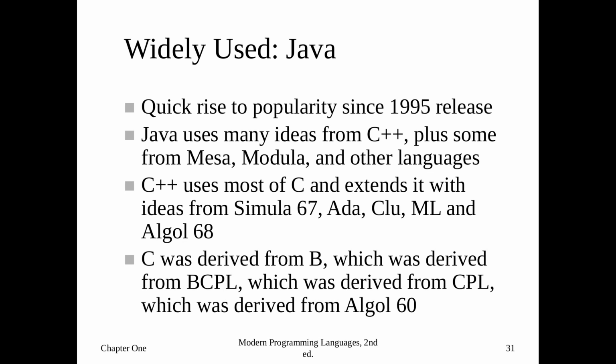It's an improvement upon these, and the Java designers actually stated, we're going to take the best ideas from all these other languages and put them together into a single language, as opposed to trying to create new stuff. Almost all these other languages, C++, Modula, ML, Algol, were all creating new concepts when they were implementing the language, right? And Java didn't want to do that. We know what works, that's what we're going to use.